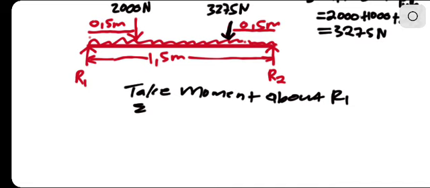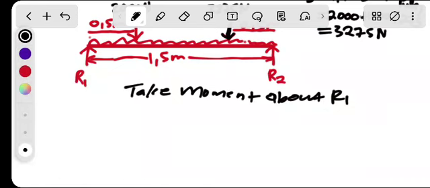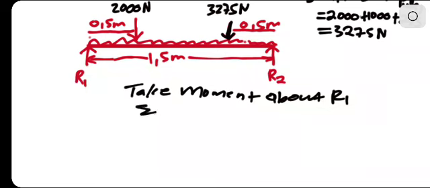I can say the sum of clockwise moments. It's up to you which. We can say the sum of clockwise moments is equal to the sum of the anti-clockwise moments. We know that, guys, by the way.